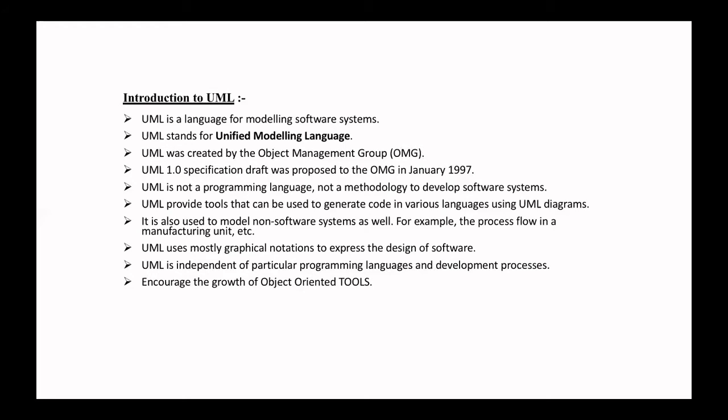For example, as I mentioned here, the process flow in a manufacturing unit, and you can also see it in your organization, because there are so many structural views in front of you. By that structural view, you can easily pick out what is going on in a particular structure, because a structure or visual graphic gives a very clear vision of a particular thing.